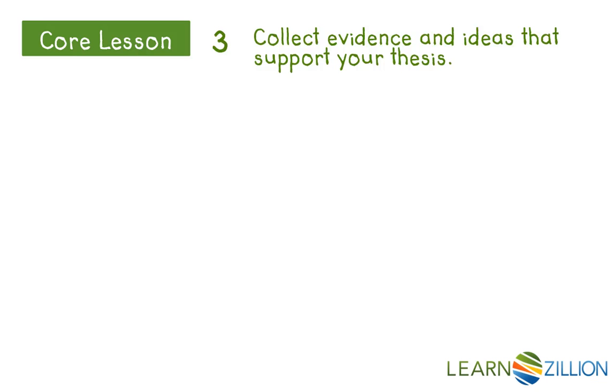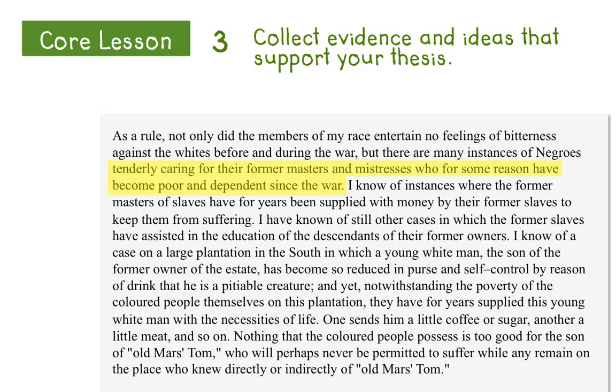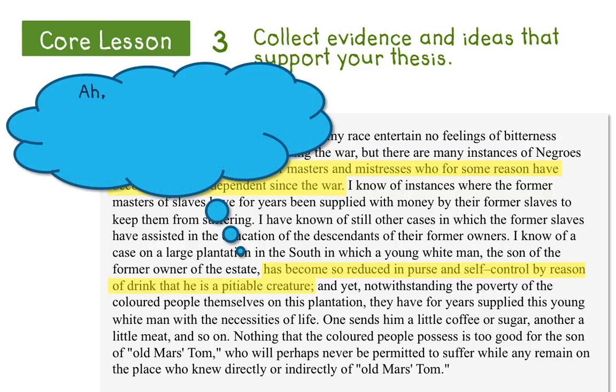So now for step 3, I'm collecting evidence and ideas that support my thesis. I'm really just going to take the first part of my thesis that was about how he sees his audience as divided racially. And I remember this part when he's talking about how former slaves were really very kind and caring towards their former masters. And it makes me think about how divided his audience is.